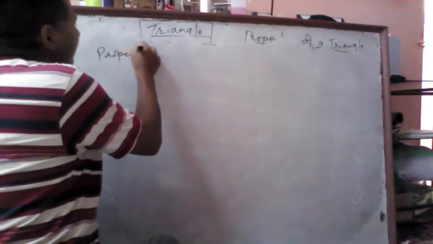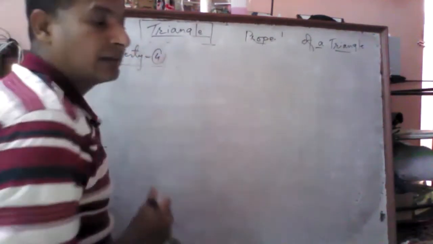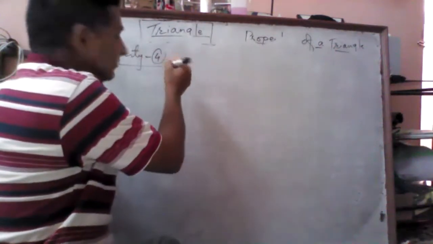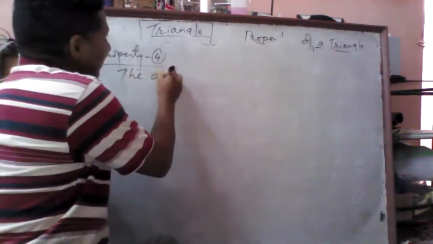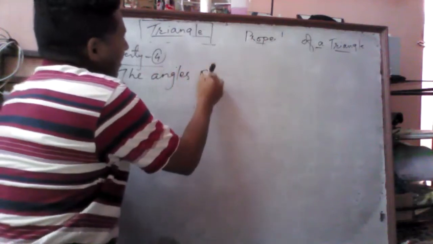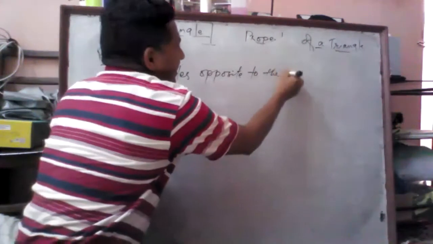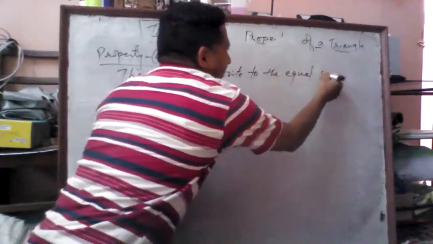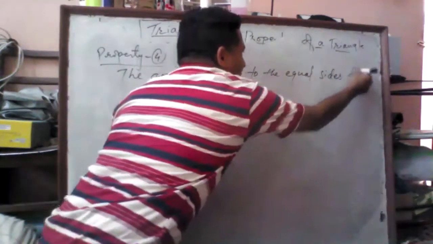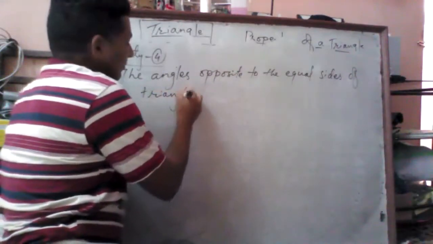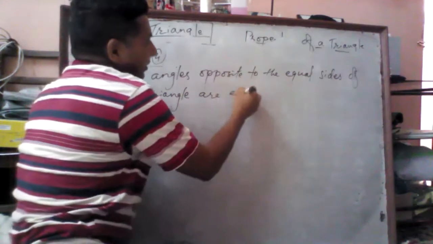Now we will learn about property number 4. Property number 4 is: the angles opposite to the equal sides of a triangle are equal.